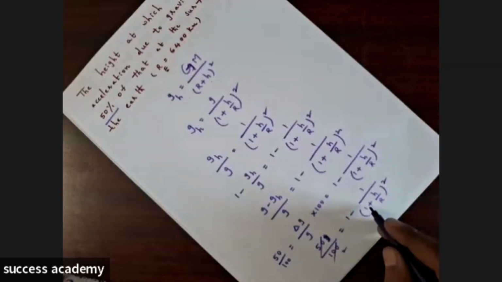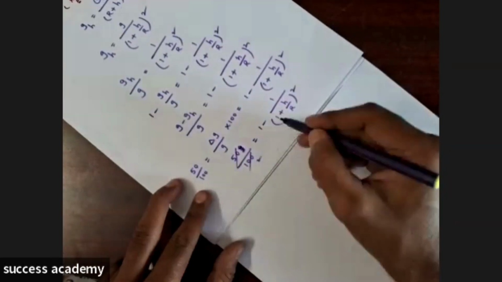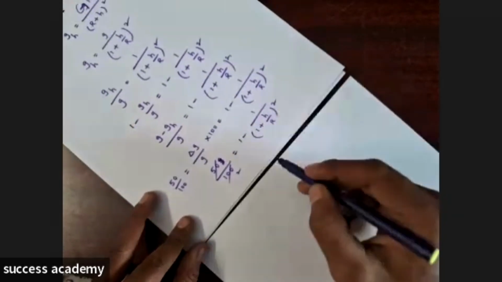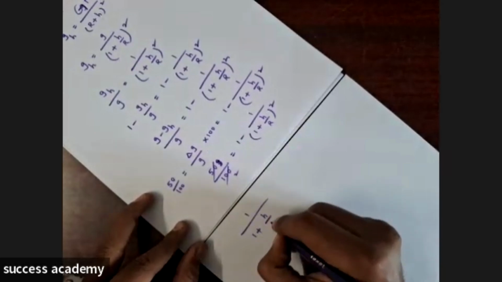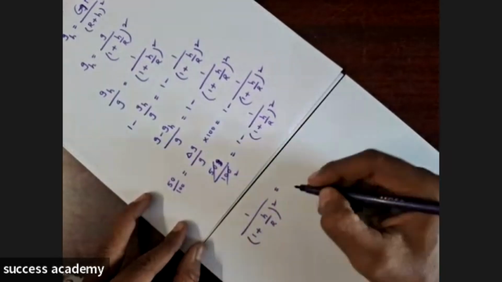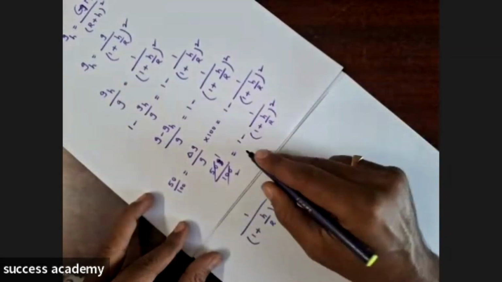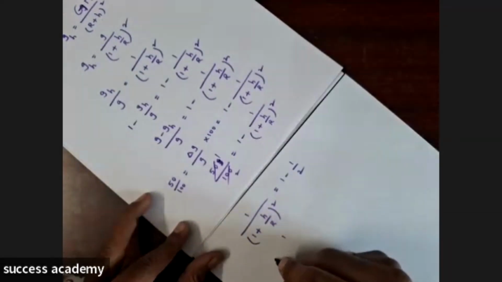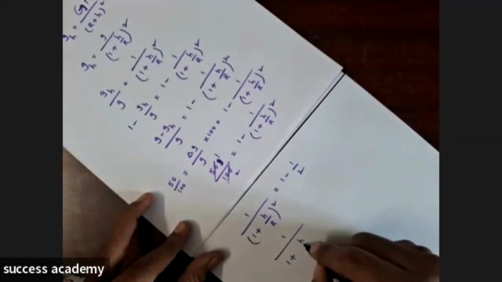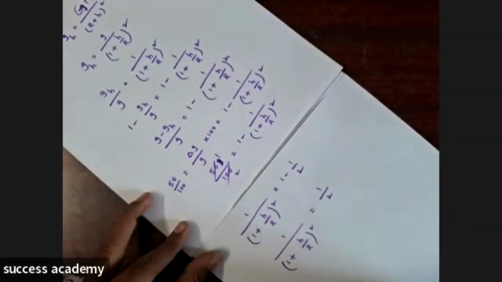Now this minus term, take this side, it becomes plus. So 1 by (1 plus h by R) whole square is equal to 1 minus 1 by 2.